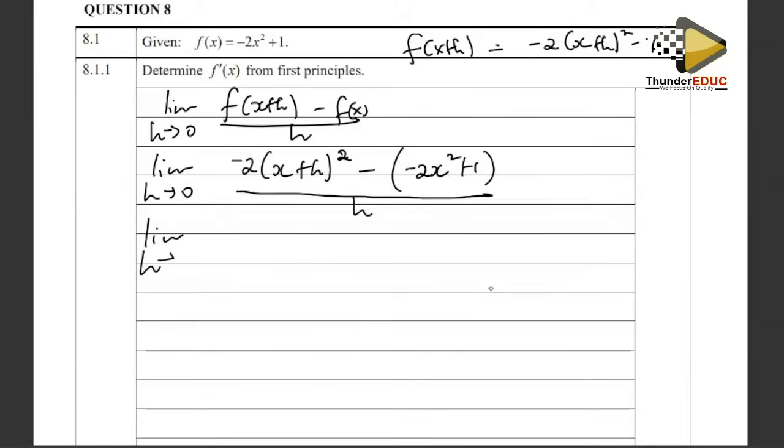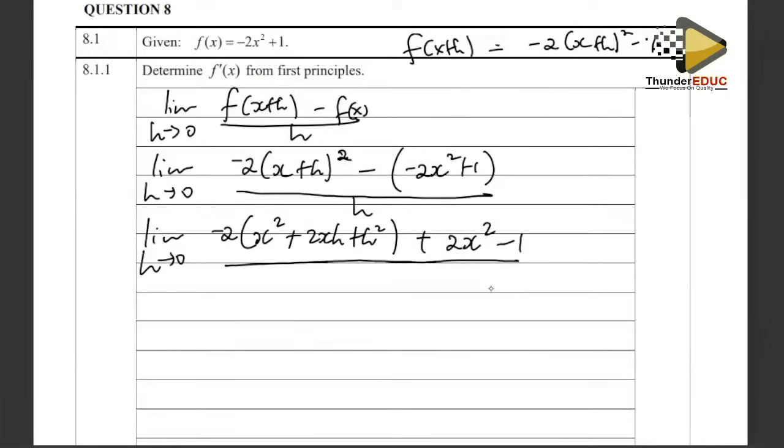Limit as h tends to 0, negative 2, we open this up, we're going to have x squared, 2xh, and h squared. Minus, no, that's going to be a plus now, 2x squared minus 1. This is all over h. So limit as h tends to 0, let's open this up.